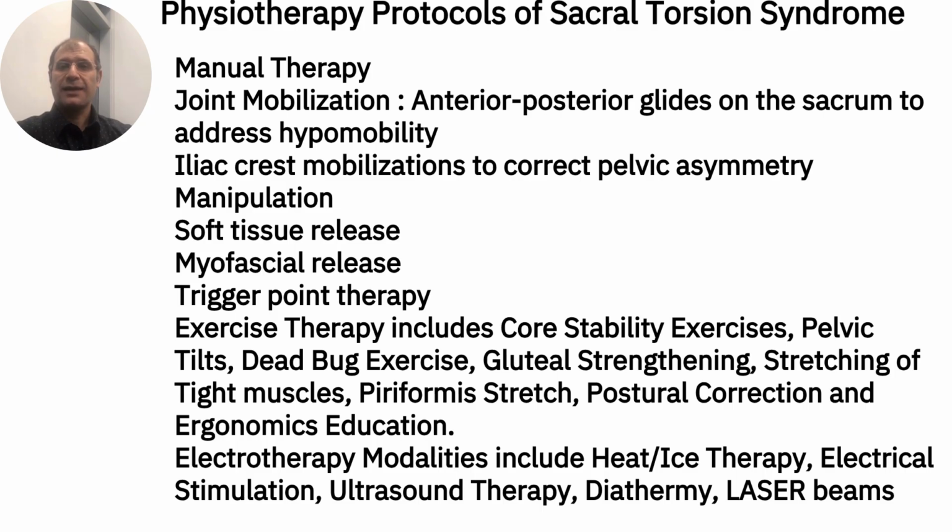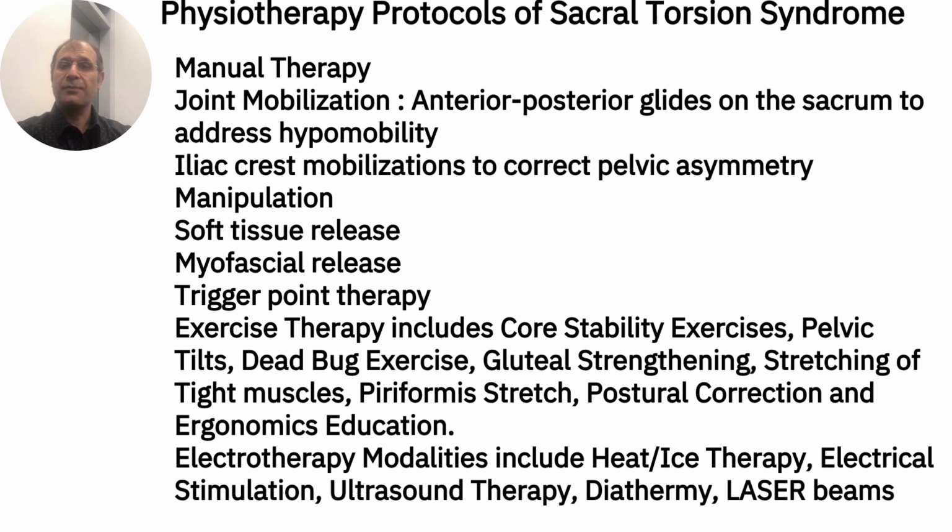Techniques include anterior-posterior glides on the sacrum to address hypomobility and iliac crest mobilizations to correct pelvic asymmetry. In some cases, high-velocity, low-amplitude manipulation may be used to correct a sacral torsion, though this should be performed cautiously and only by trained professionals.